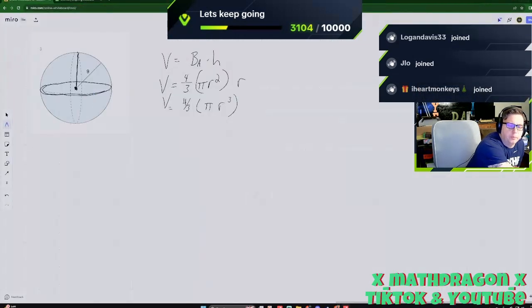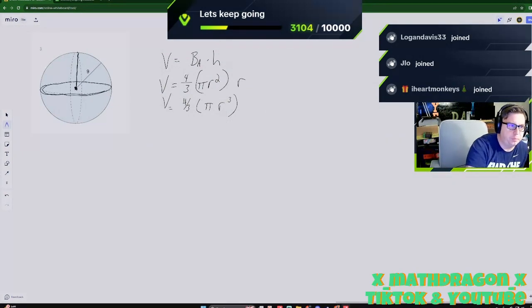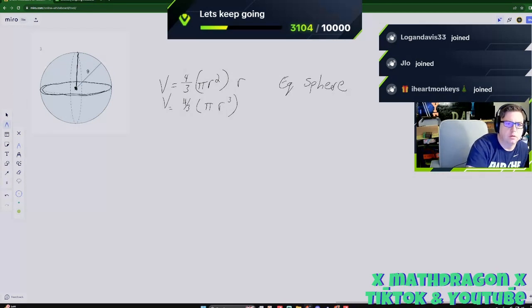Okay, so I'm just going to steer clear of this idea right now. So I have the equation of a sphere. I combine like terms.